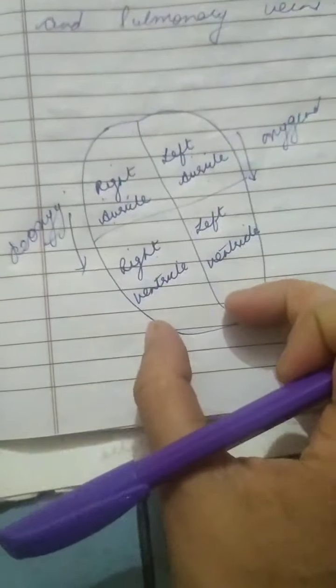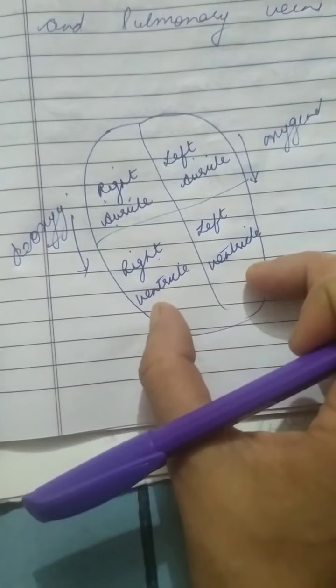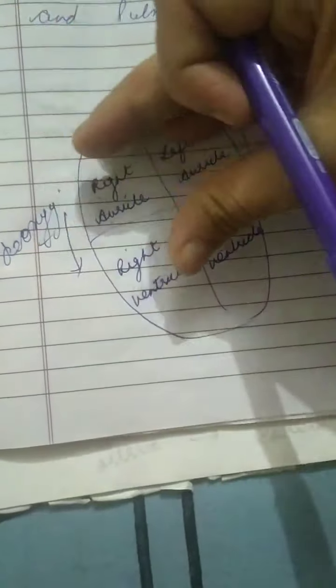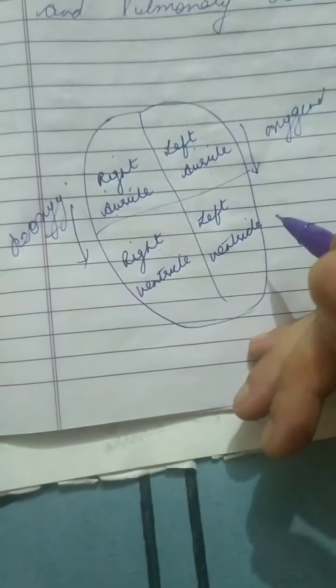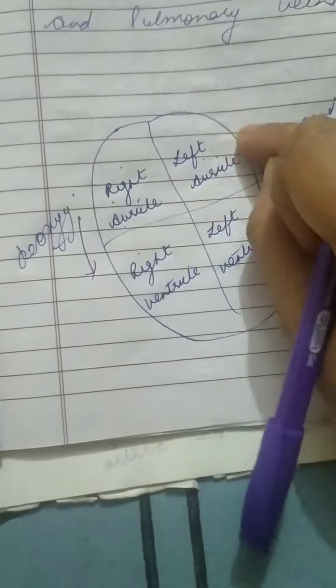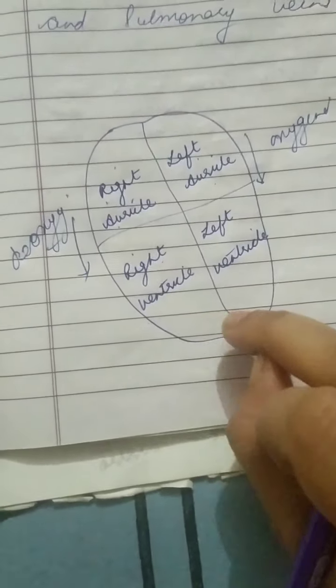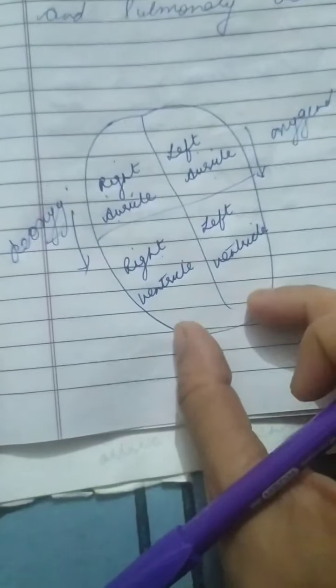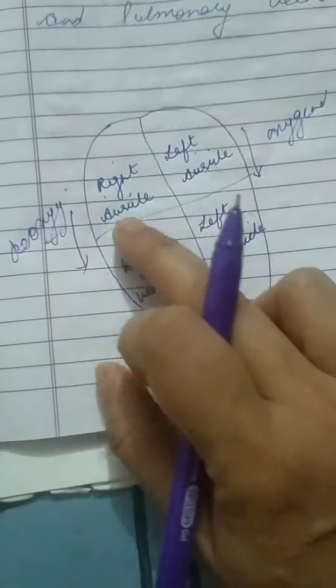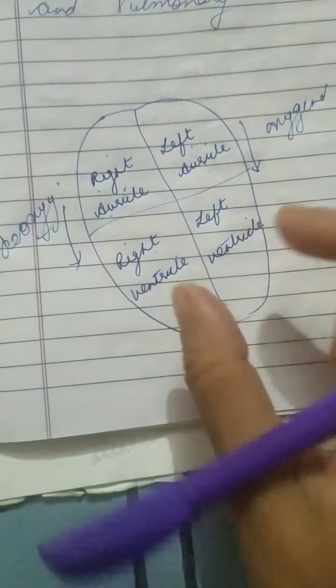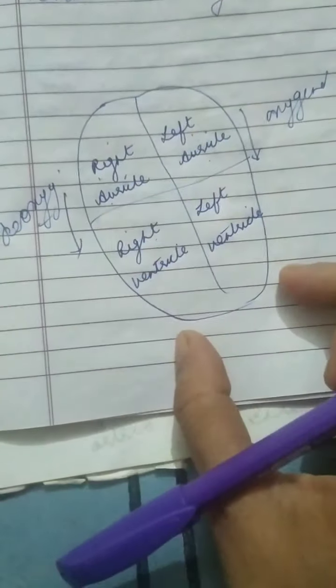Both are sent to the right ventricle and the left ventricle, means they squeeze blood here. When the auricles contract, at the same time the ventricles relax, so that the blood from the upper part comes inside. And we know that the auricle is thin walled but the ventricle is thick walled, because it has to handle the pressure of the blood.